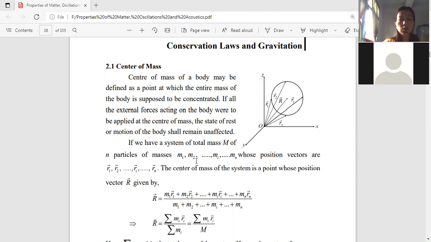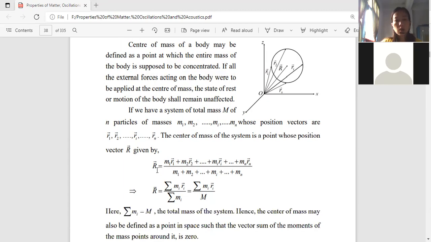We shall have n number of particles whose masses are m1, m2, mi, up to mn, and their position vectors are taken as R1, R2, R3, R4, and so on, Ri up to Rn. I hope you know how to take the mean.